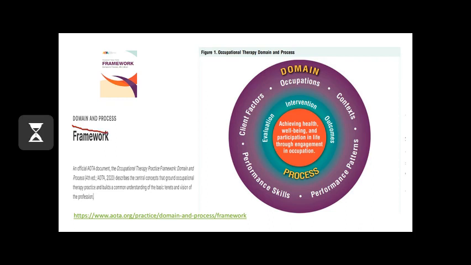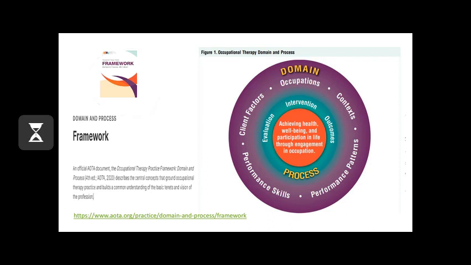And here, I love this illustration, and it's right from the practice framework. And you have a copy that was given to you in OTA 111. As an AOTA member, you can go to the website and download a copy of the framework, or you can purchase it through the AOTA store.